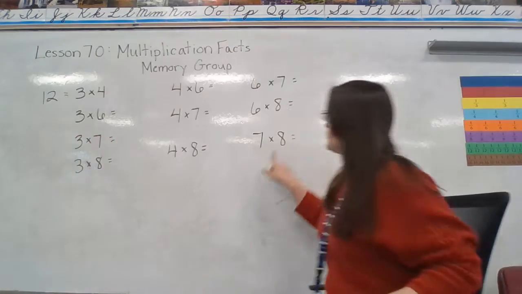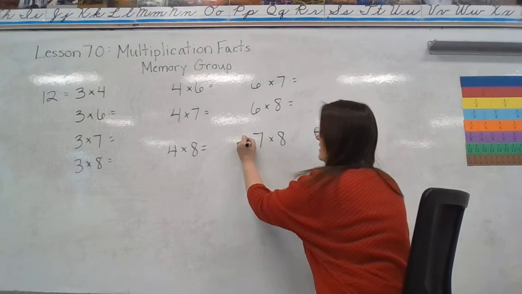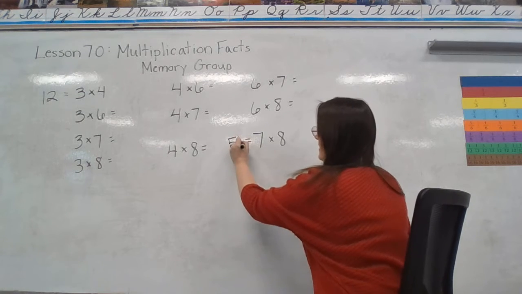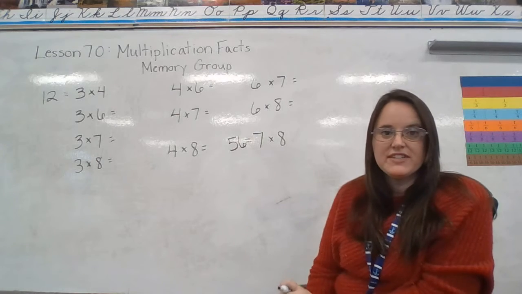And that same trick works over here with 7 and 8. 56 is equal to 7 times 8.